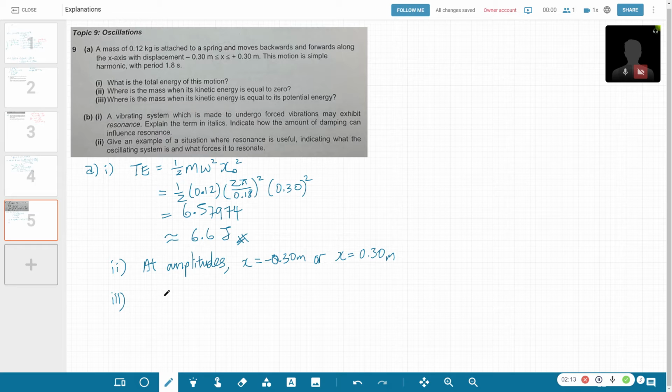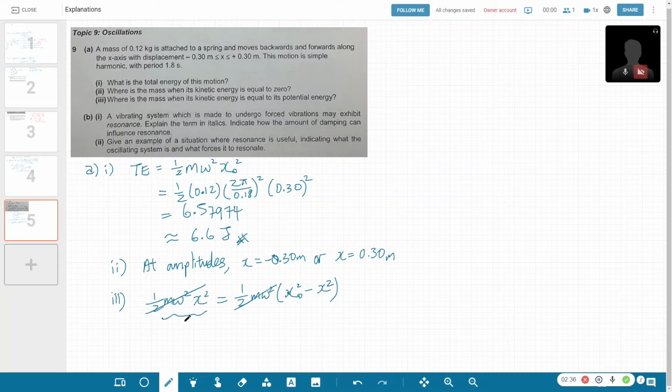Okay, so for part 3, half m omega square x square is the kinetic energy. Now the potential energy is equals to half m omega square x naught square minus x square. We can see that the half m omega square repeats, so we can actually cancel out, which makes things easier.